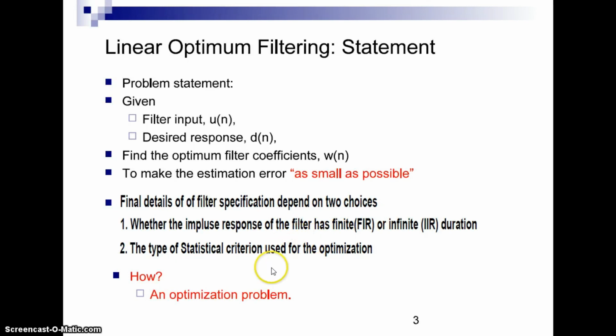Then, coming to the next issue, that is the type of statistical criteria used for the optimization. When we come to this second one, we find that there are indeed several criteria that suggest themselves.